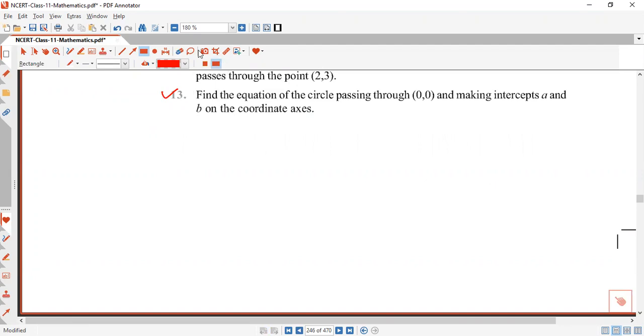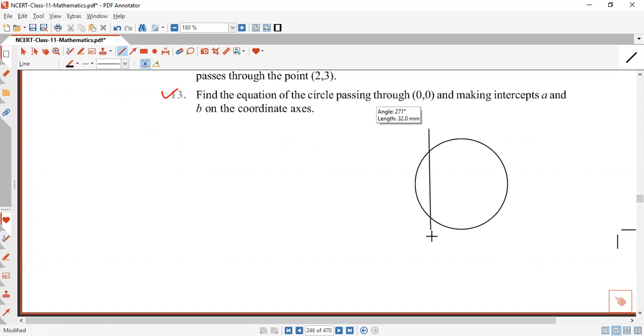So basically, you have a circle, and this circle is passing through the origin. So one point is the origin. We are drawing the x-axis and the y-axis.